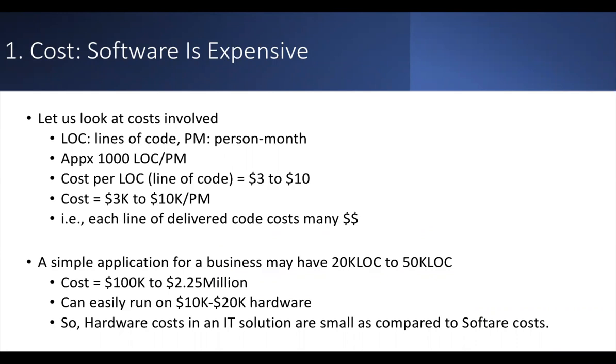The second one is the schedule: if there is a tight schedule by which we would like to develop the software, that's another issue. And third is the quality. We would like to develop software of high quality. Combining the cost, the schedule, and the quality defines the software problem.